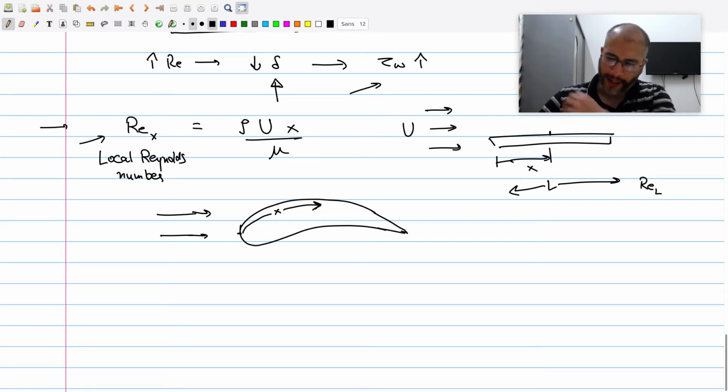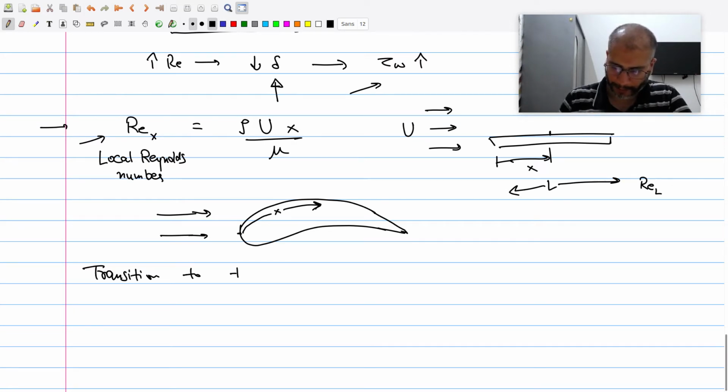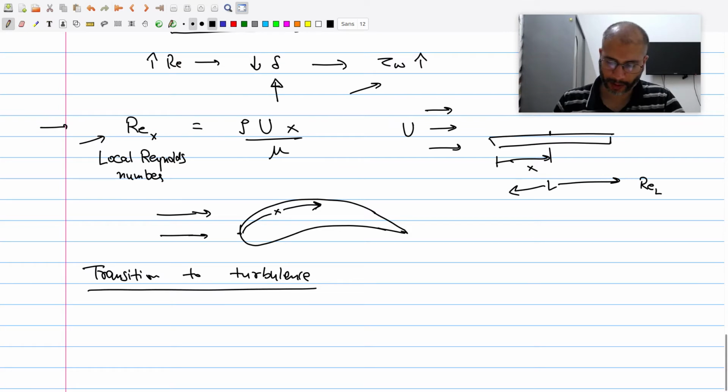Since we are defining Reynolds number based on this distance x, we have an intuition that as the Reynolds number increases, the flow starts transitioning towards turbulence. And that is exactly what we see here as well. So let us discuss the idea of transitioning to turbulence in this flow situation.